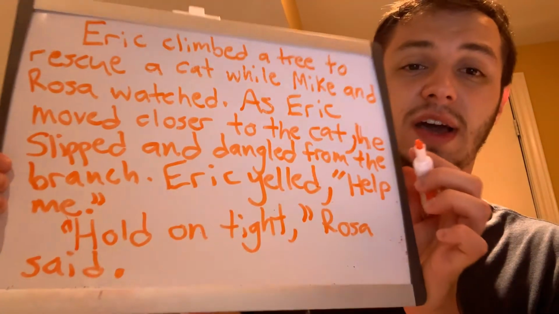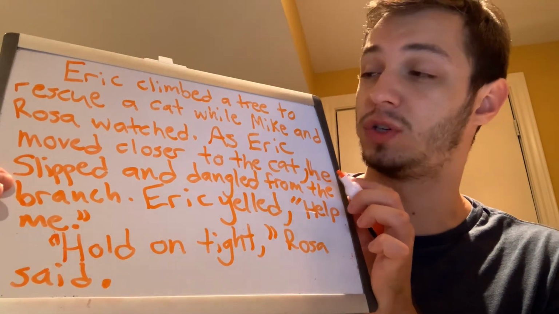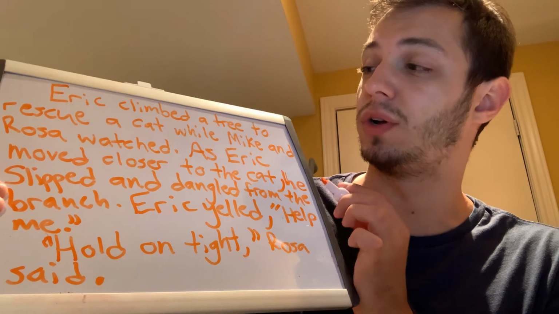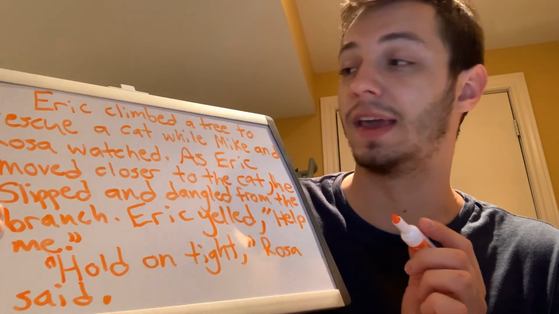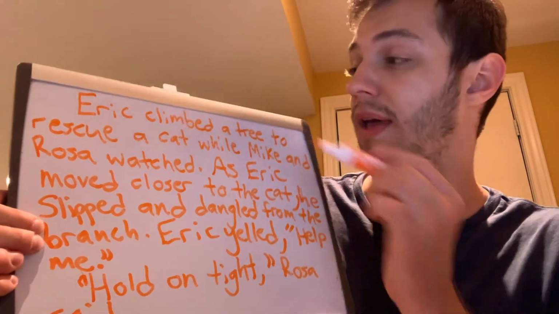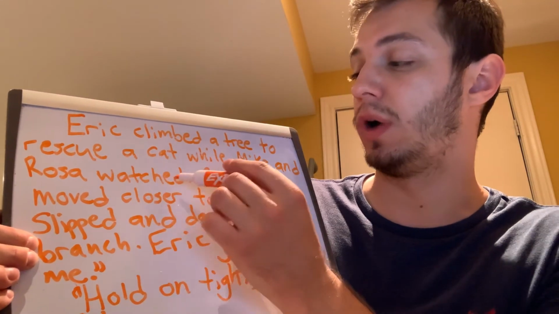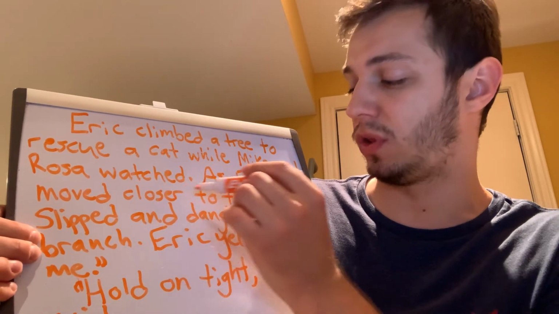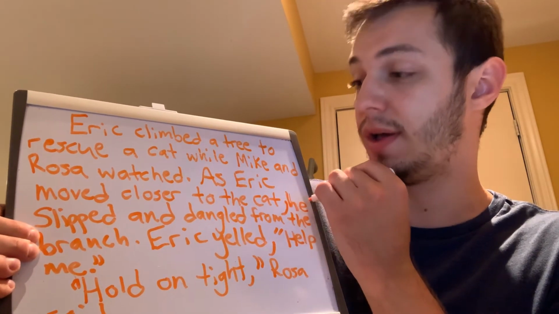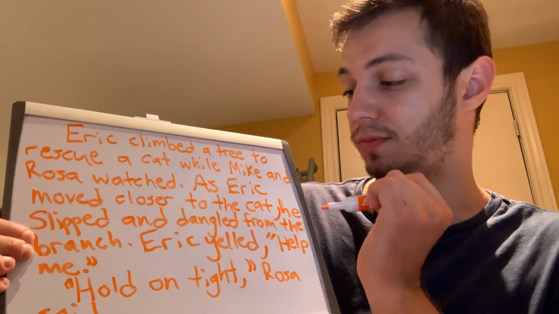So this is the first half of our story. So we've reported on what's happening in that first picture and made sure to include the first sentence that they gave us. So I'll read what the first half of our story says. Eric climbed a tree to rescue a cat while Mike and Rosa watched. As Eric moved closer to the cat, comma, he slipped and dangled from the branch.